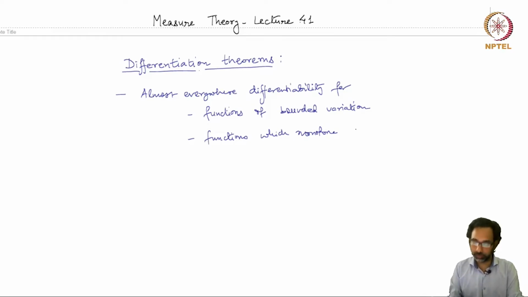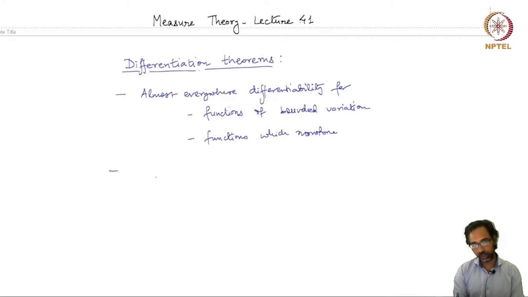These differentiation theorems allow us to take the derivative of functions which are not differentiable everywhere, but they are still differentiable almost everywhere, and we can do analysis on these classes of functions.